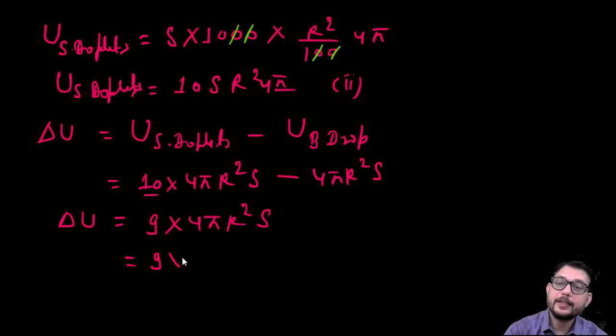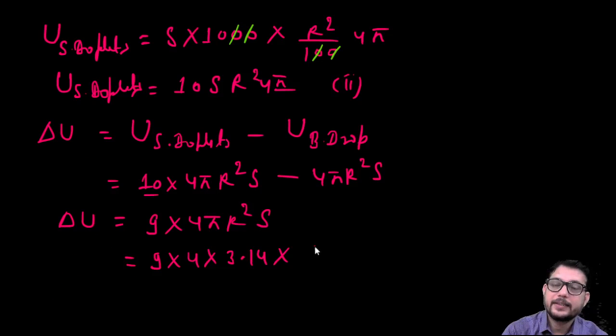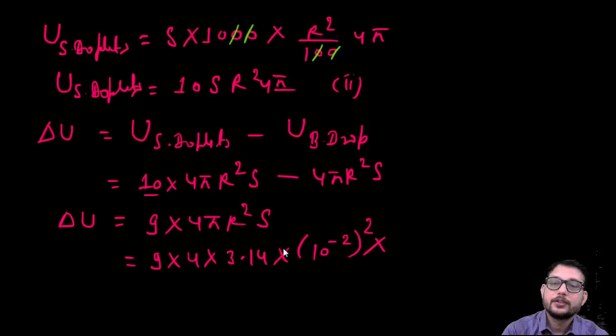So it will be 9, 4 pi, you can write 3.14, into capital R. Capital R is given to you, that is 10 to the power minus 2, and the square of it, into capital S. Capital S is 0.075.